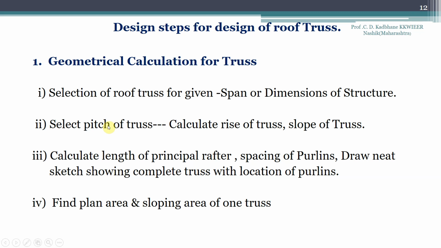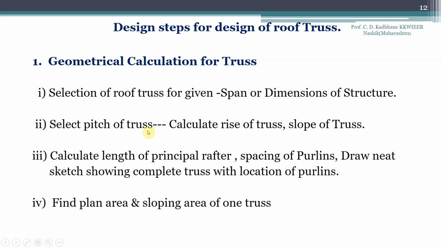Now let us learn about the design steps for calculation of load for design of roof truss. So first step is geometrical calculation for truss. In geometrical calculation of roof truss, first we have to select a truss from the given dimension or span of a structure.